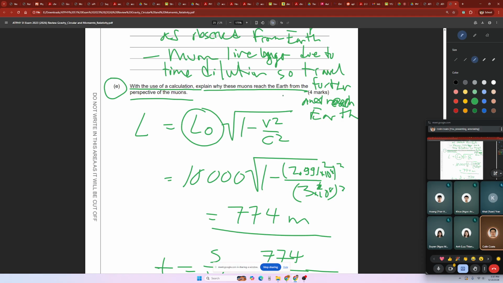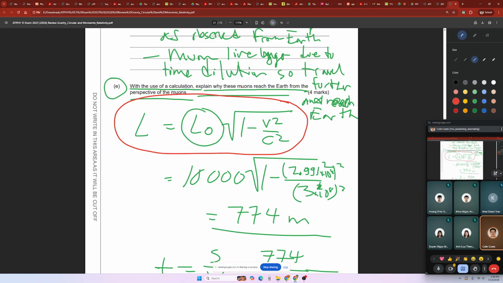Again, why did I choose to do a length contraction equation here? From what understanding do we know? Well, it says from the perspective of the muon.